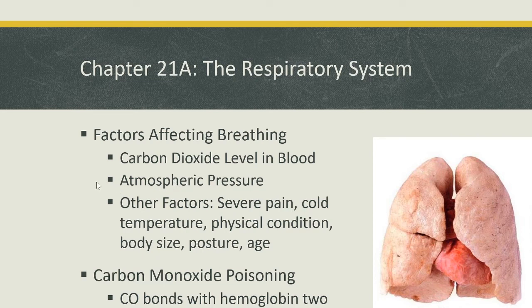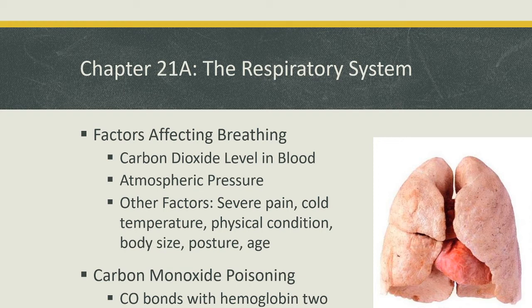But then atmospheric pressure can also affect your breathing. If you go up to a higher elevation, a lot of people say, oh, it's harder to breathe up here because there's not as much oxygen. And that isn't really an accurate way of putting it. If you compare the amount of oxygen at high altitude versus at sea level, the oxygen quantities in the air are essentially the same. What is different is the atmospheric pressure.